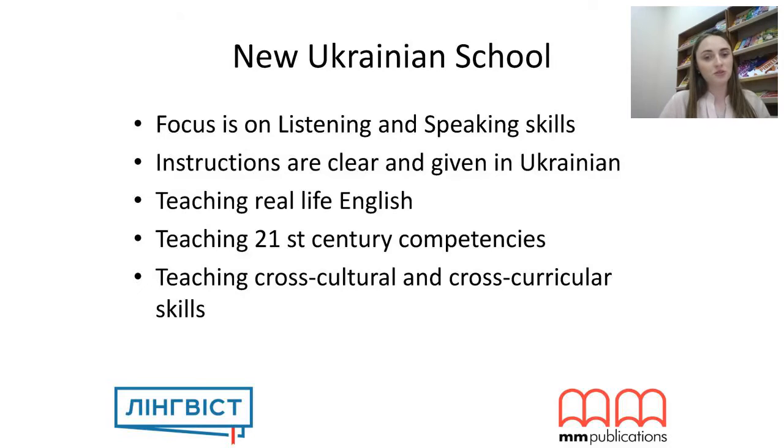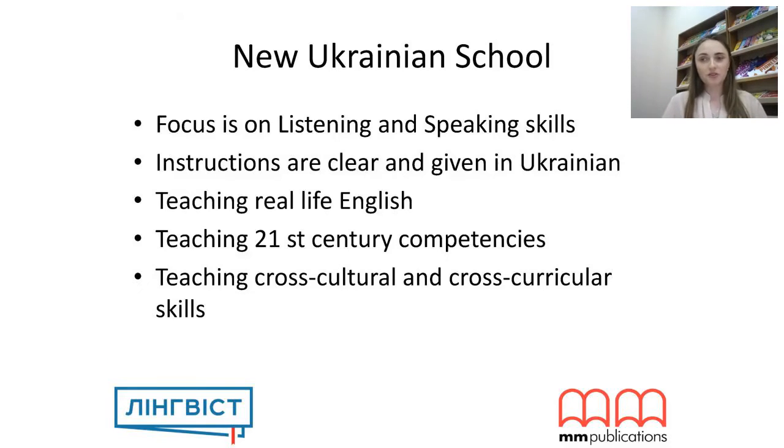Moreover, the new Ukrainian school tells us that we need to teach the 21st century competencies, which are necessary for our children to be successful and meet the demands of the 21st century. Without all these competences, our students won't be able to seize opportunities and face challenging situations brought about by the 21st century.